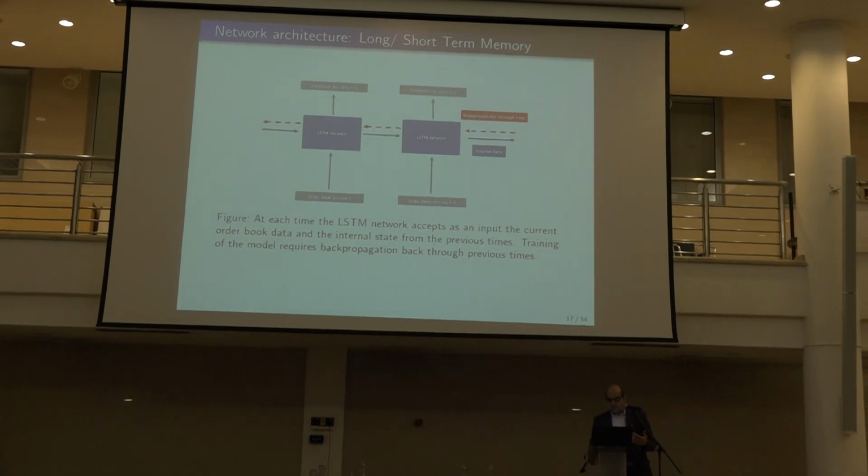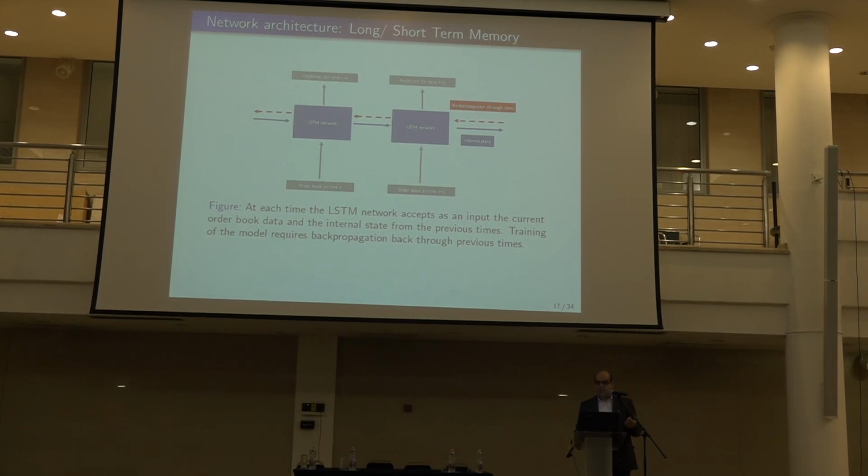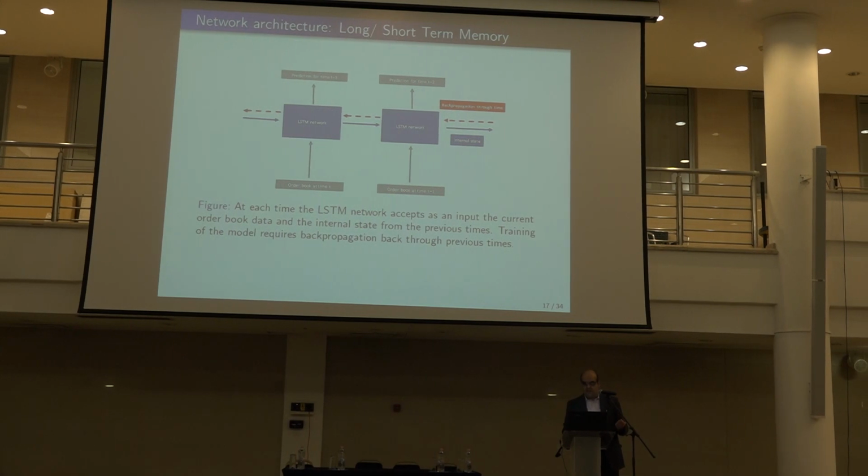Well, technically, this is done through an algorithm called backpropagation. The nice thing about neural networks is that you can compute the gradient of the output with respect to the weights in the network through a recursion formula, which is the chain rule. It's a horrible recursion formula, but it's explicit.